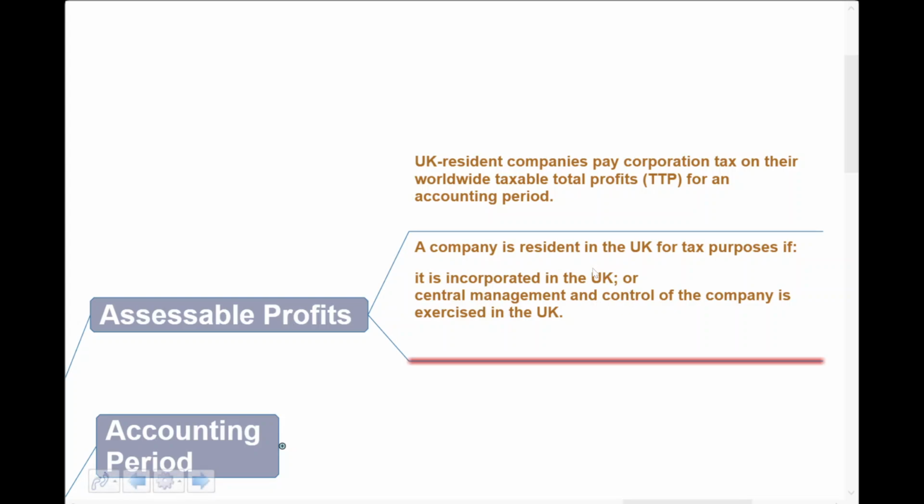But this second one is a little bit more tricky, because we're talking about the actual running of the company. Note, central management and control. Now, under UK tax legislation, there's no specific definition of what central management and control means. So to some extent, it's subjective.